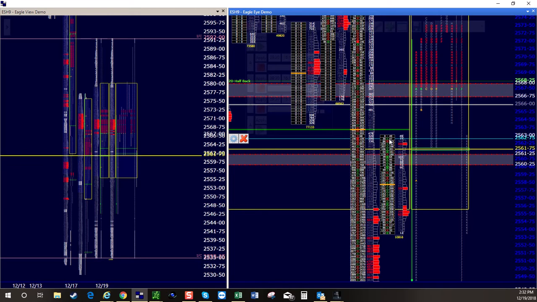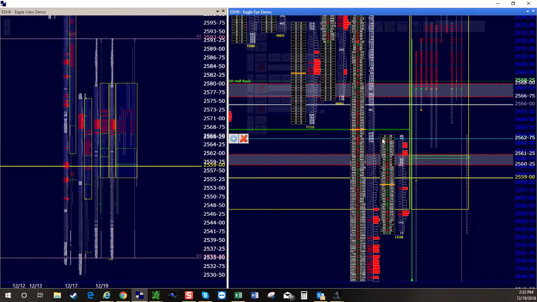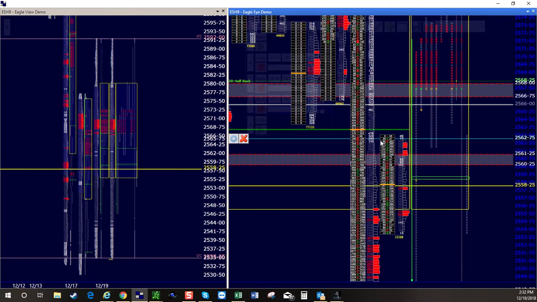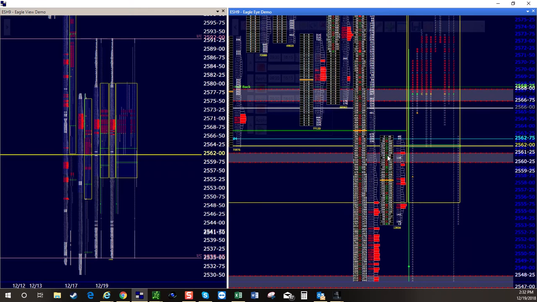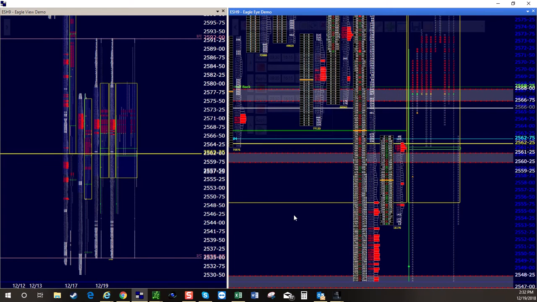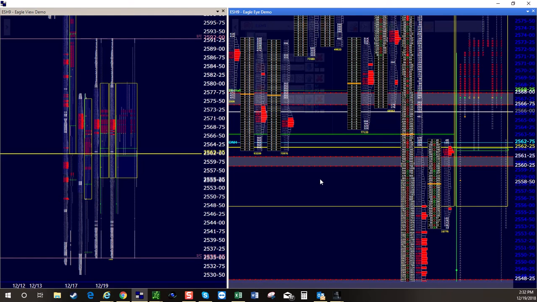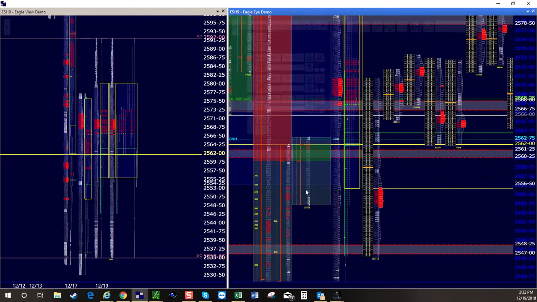This might be of interest to me if we can sell off, get outside of developing value area low, and come back in, because now I got two back-to-back incomplete comparators. I don't have a double distribution, and this high is weak because it's one tick right there at the overnight high, as I have labeled there on my chart. The pullback's not coming back far enough to have my interest.